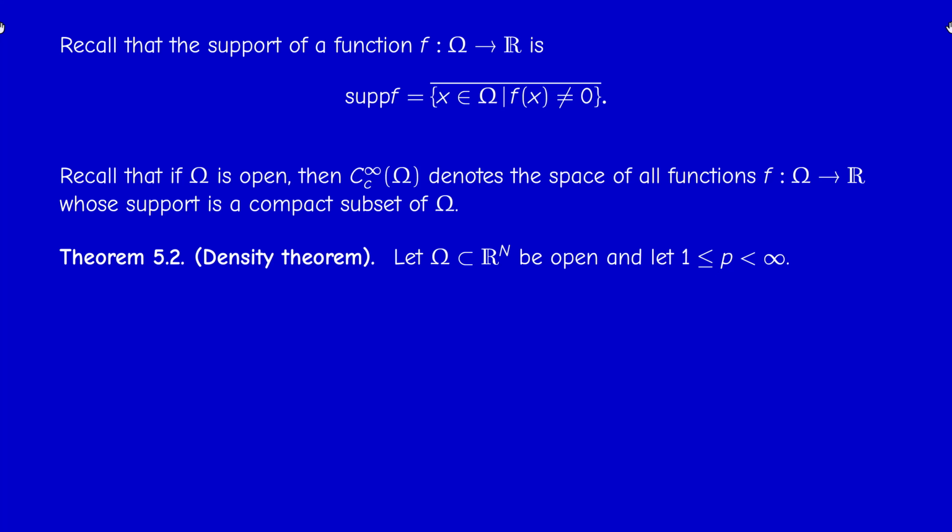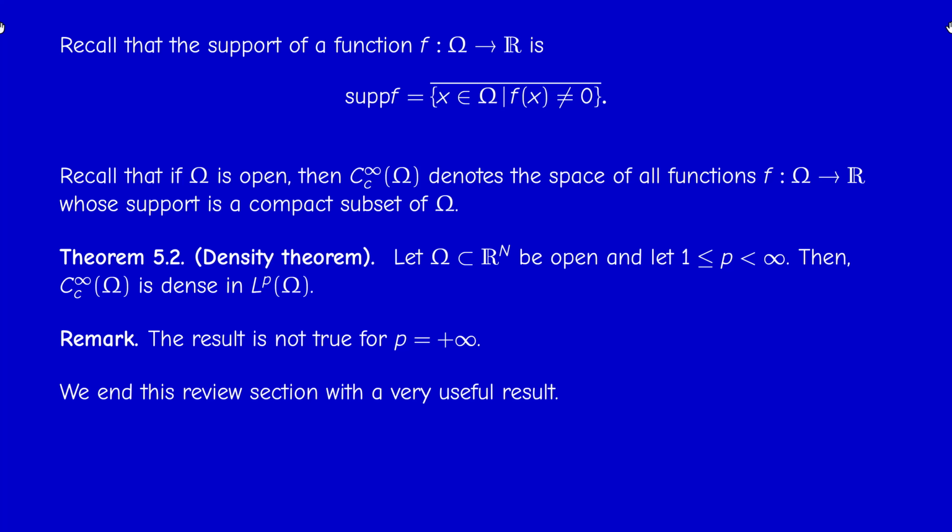Why? One of the reasons is this density theorem that you probably encountered last year. If omega is an open subset of R^n and p is a finite number bigger or equal to 1, then this space, C_c infinity of omega, is dense in L^p, which means that any element in L^p can be approximated in the L^p norm by functions which are very smooth.